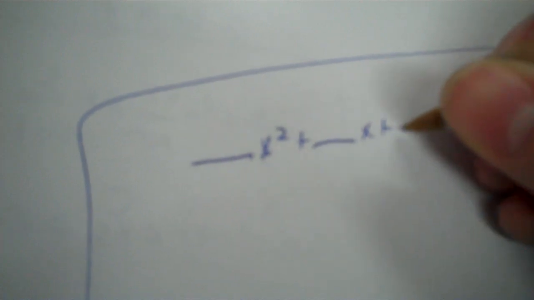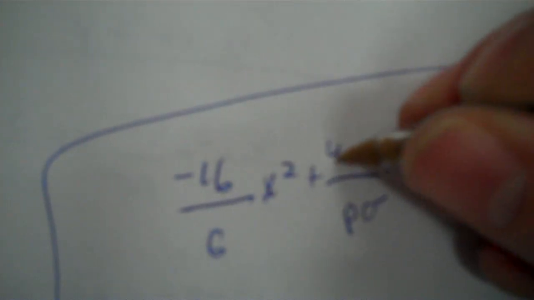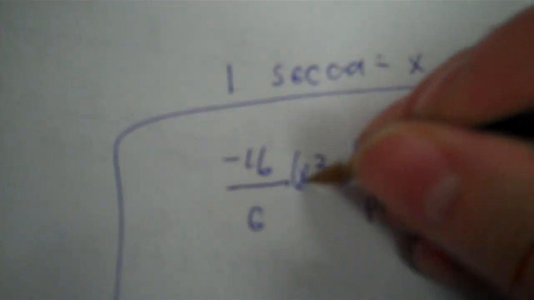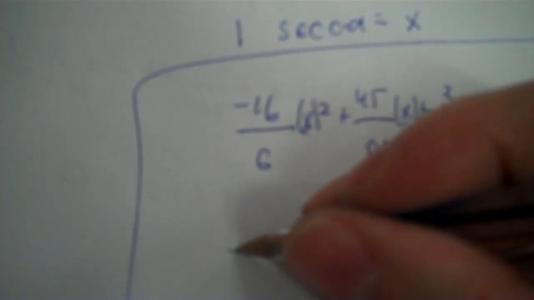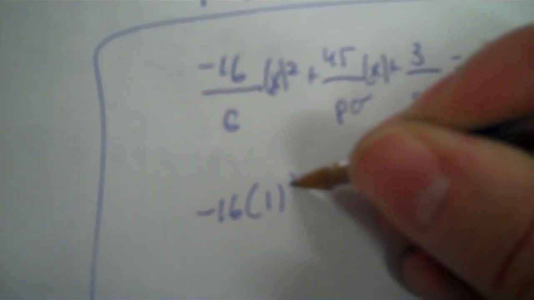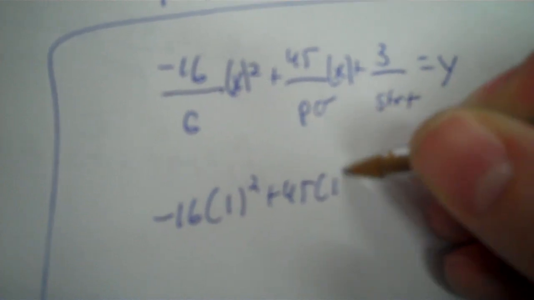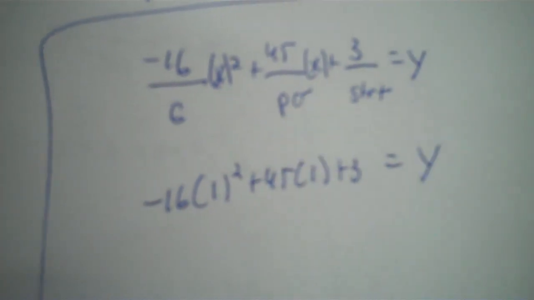So, lay it out. You've got your gravity, negative 16. You've got your per, 45. You've got where it started from, which is 3. Okay. And this is going to be kind of an easy problem because 1 second goes in for the x variable, the independent variable. So I just replace both the x's with 1. And then y is easy to solve for.